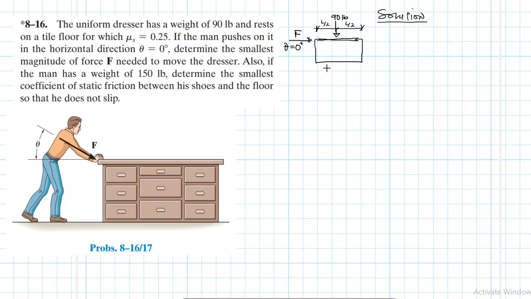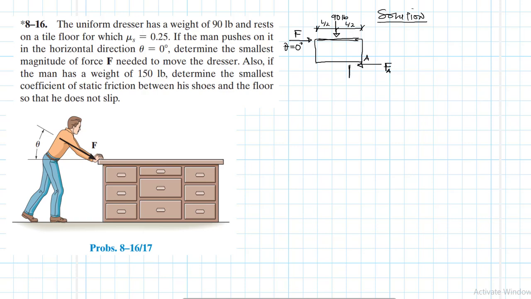So then we've been told there is friction on the tile floor, and the coefficient of static friction is 0.25. So we expect the friction force is going to be somewhere there. Let me call this point A, and call this friction force FA.